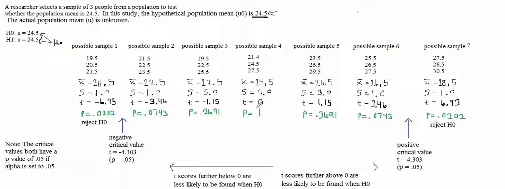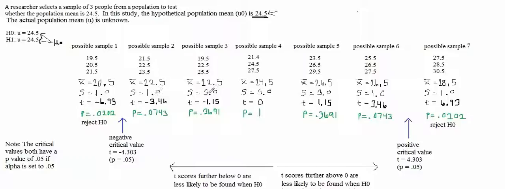That's a little bit oversimplified, because we can see that these 2 sample means are both 2 lower than 24.5. They're both 22.5, which means they're the same distance below the hypothetical value, but they have different t-scores because of the different standard deviations.